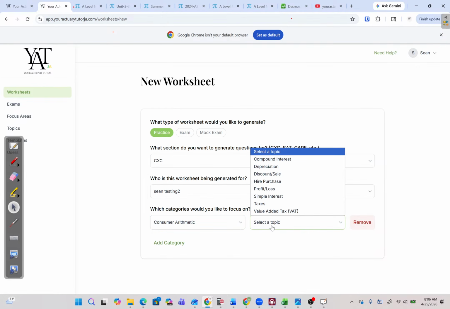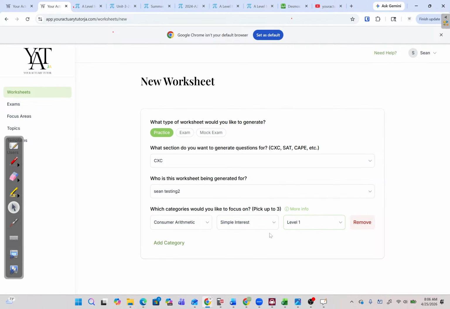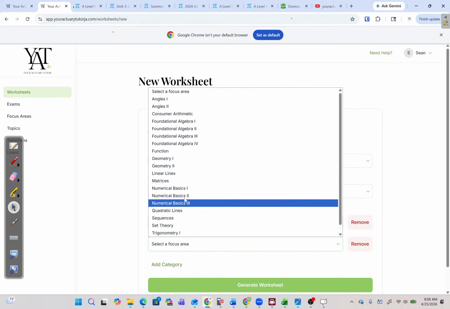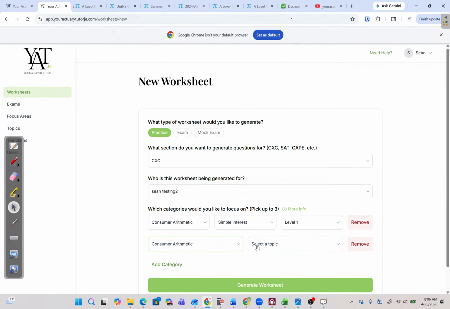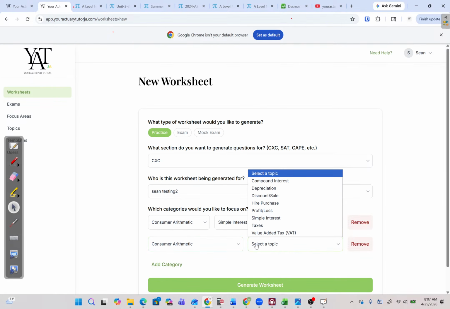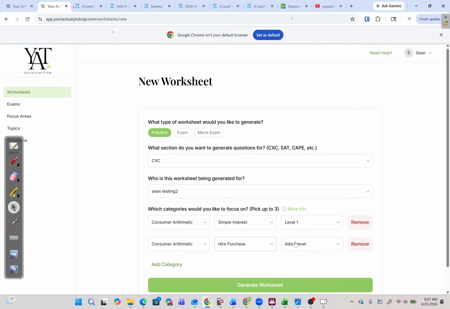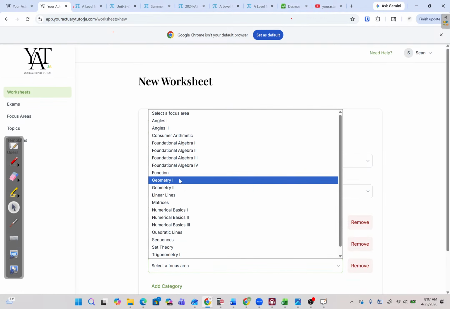What do we want to work on today? Let's do simple interest. I've got to get that out of the way. I want to do level 1 of that. And then what else under consumer arithmetic? If we do simple, maybe compound. No, I want to do hire purchase. Let's do hire purchase. I want to go through that topic also.